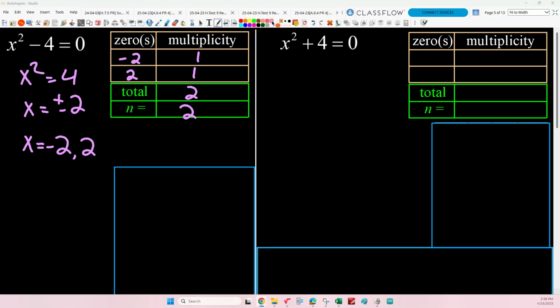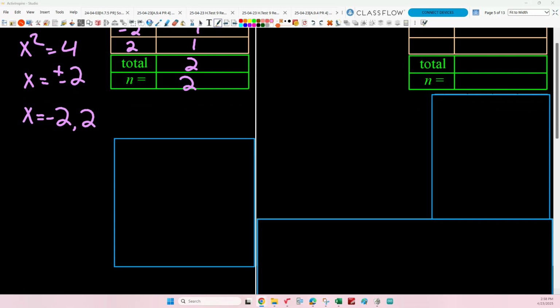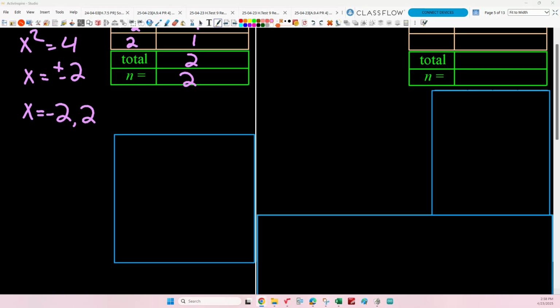Is it going to open up or down? If this is positive, it's going to open up. So if it opens up, where do you think it'll cross the x-axis? Yeah, +2 and -2.